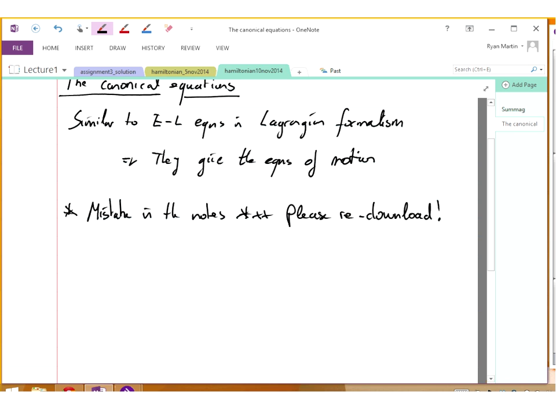Also, the notes that were online are missing a section. So I'll just put a note here since a lot of people are missing this lecture. Hopefully they read the handwritten notes. All right.